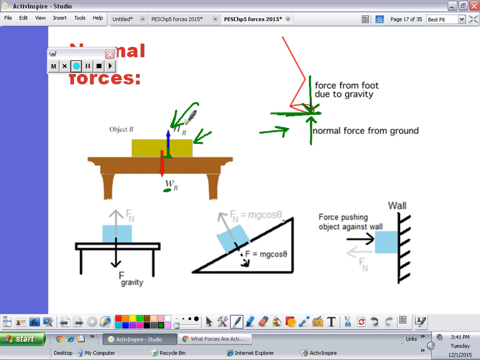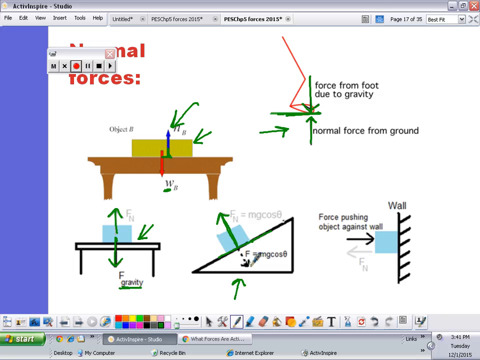So here on the table again, you have the normal force showing upward and your gravity force opposite going downward, both perpendicular to the table. Now, in this instance, we are on an angle, but yet the normal force is still perpendicular to the surface. So the surface can change.